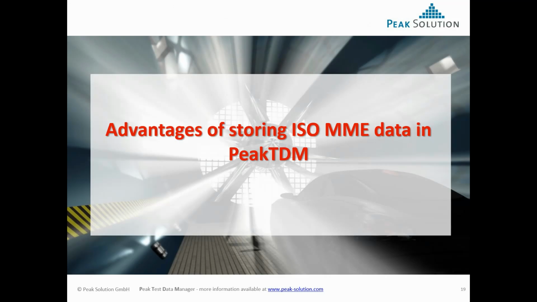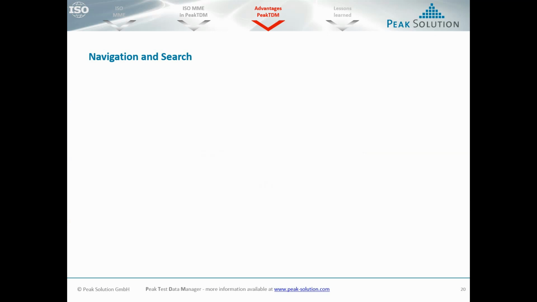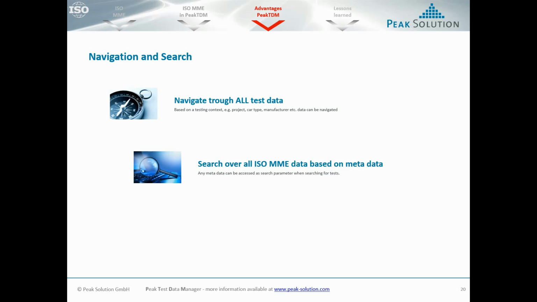Let's now come to the advantages which we gain from using PeakTDM to manage passive safety data, just as described. PeakTDM allows you to navigate through your testing based on different criteria like projects, car models, testing time, location and so on. Additionally, any metadata described in a test can be searched for.